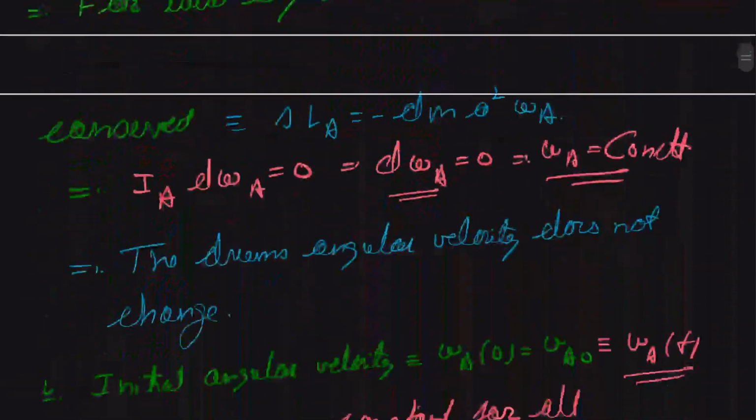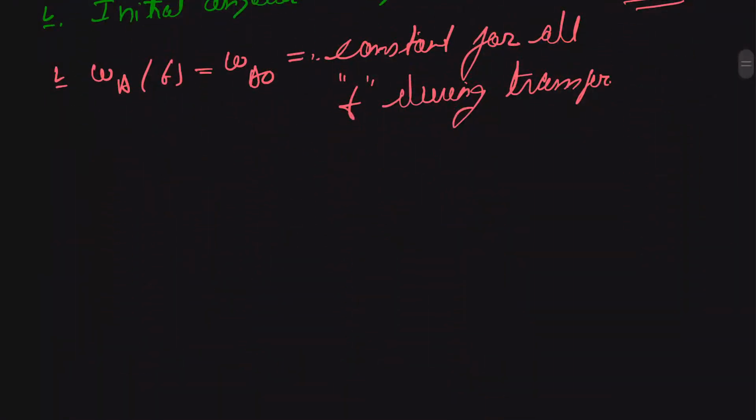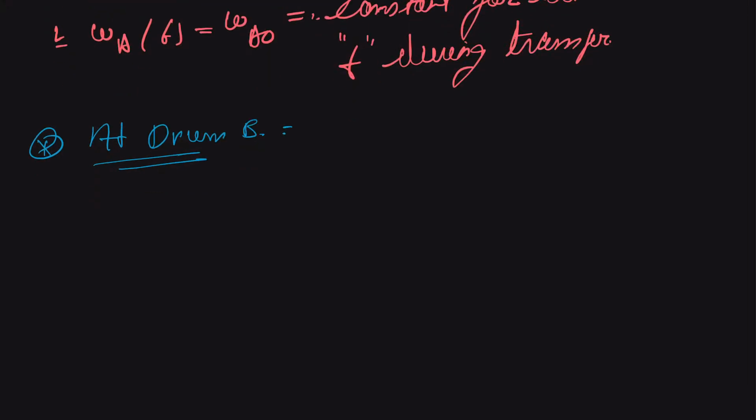Now we come to our drum B. At drum B, we already know that at any time t, the moment of inertia of B, we have already written the equation, I_B(t) is equal to (mass of B plus lambda times t) multiplied by b square.